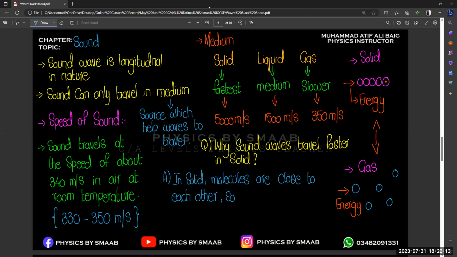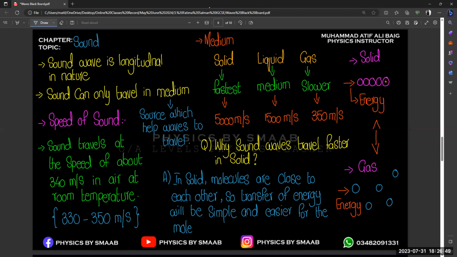So transfer of energy will be simple and easier for the molecules of solid, right?